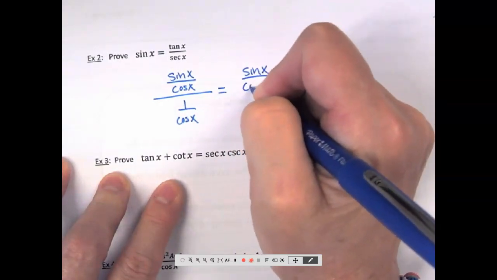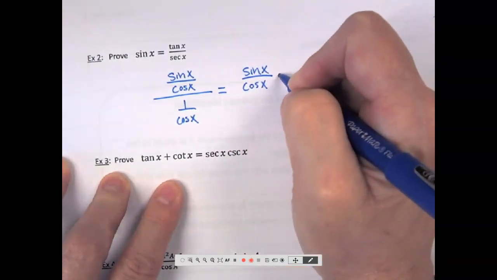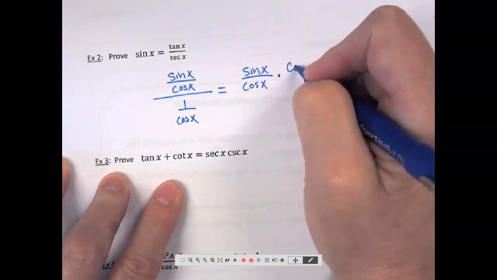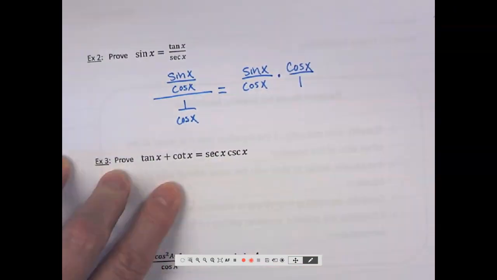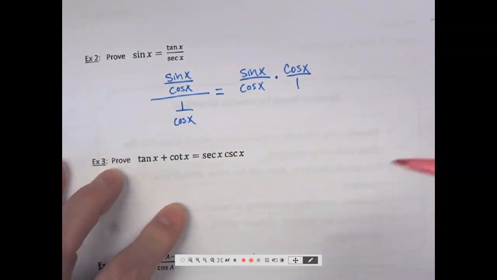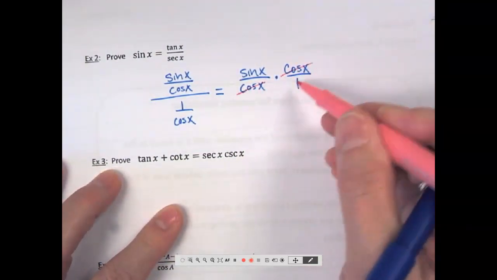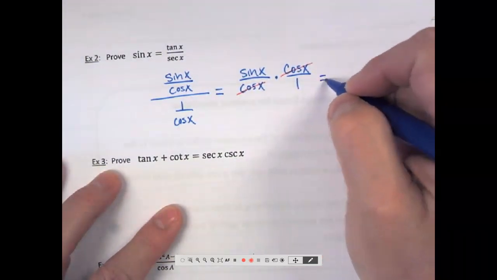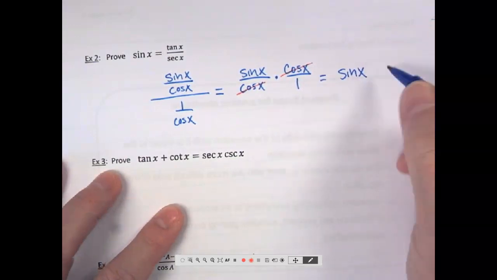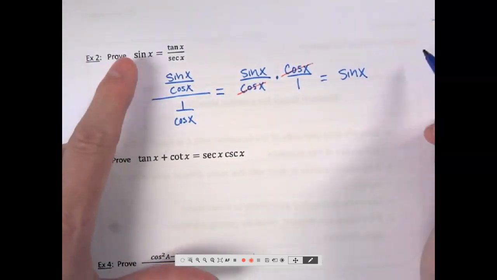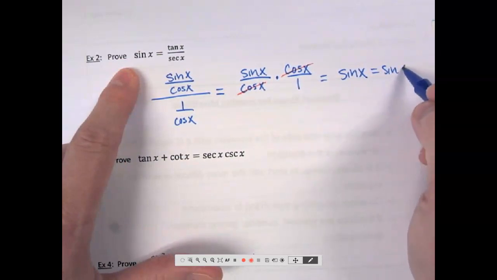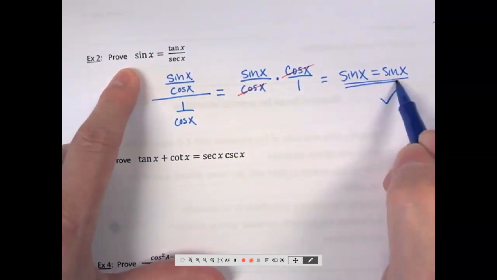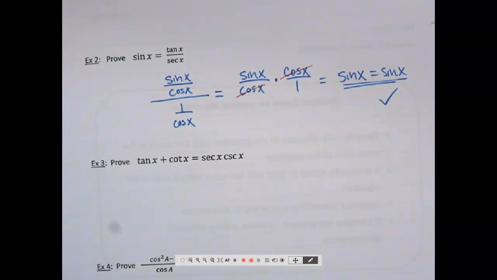Keep the first one, change to multiplication, flip the second one, in other words, multiply by the reciprocal. And then any common factors cancel, and I have sine x, and that's exactly what I wanted. I wanted to show that it equals sine x, so we are done. Not too bad. So like we did last week, but now you know when to stop.